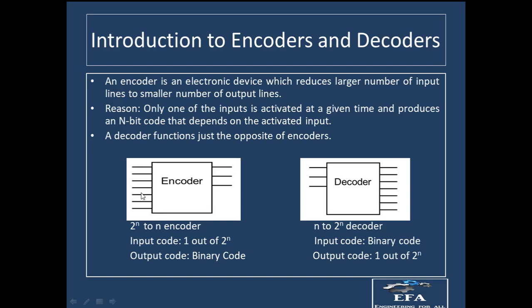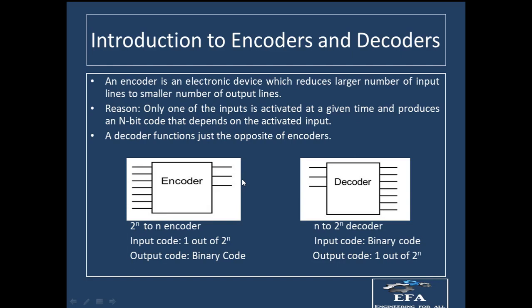So what we can do is convert the information coming from these input lines onto a lesser number of output lines, and those output lines can carry the data towards the further end. How can the encoder encode the information and send it onto the output lines?